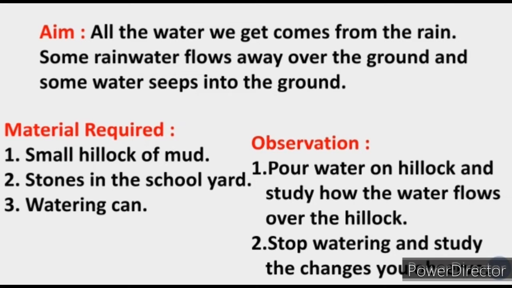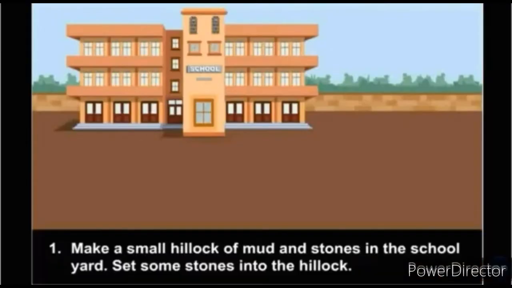And second one, stop watering and study the changes you observe. In the second observation, there will be some points with the help of which you have to make observations. You can study the changes which occur after stopping the water. Now let's start with the activity or experiment.